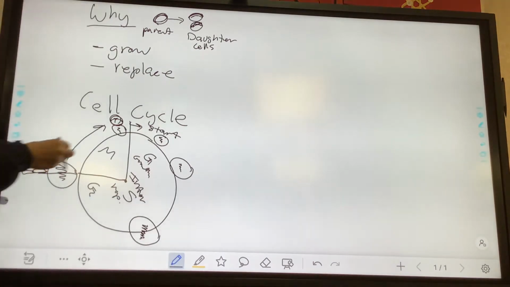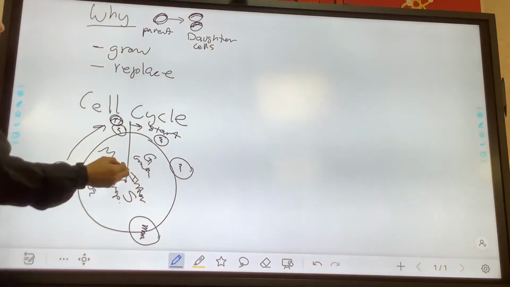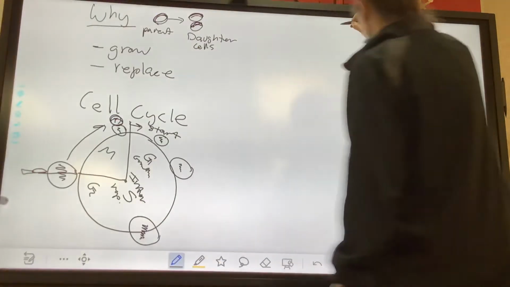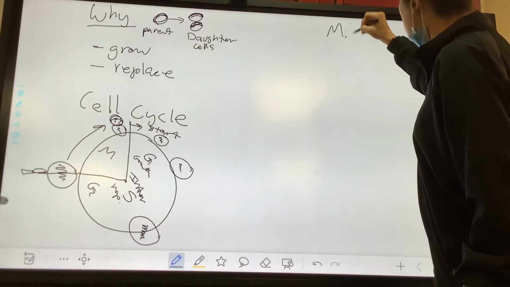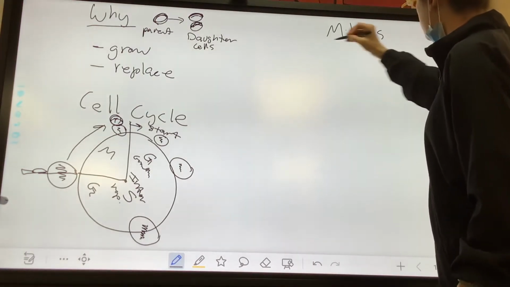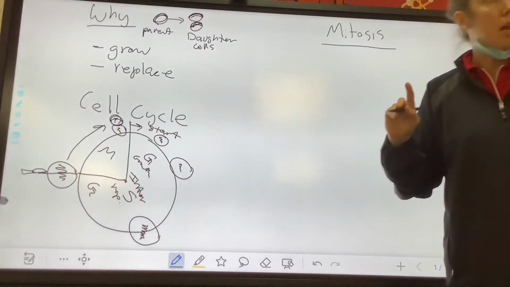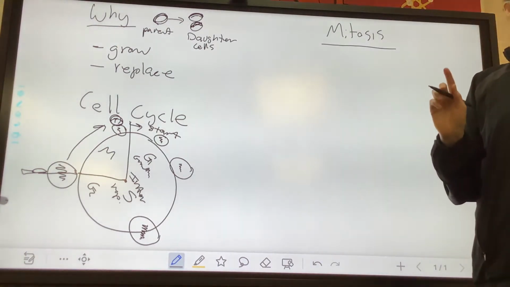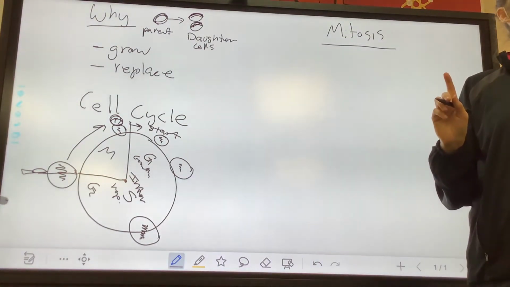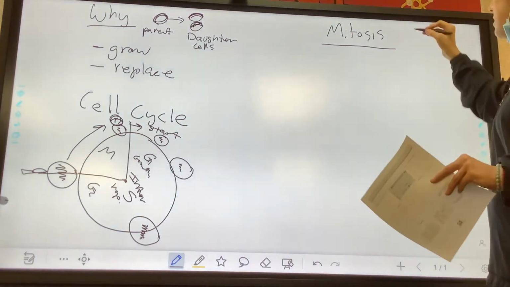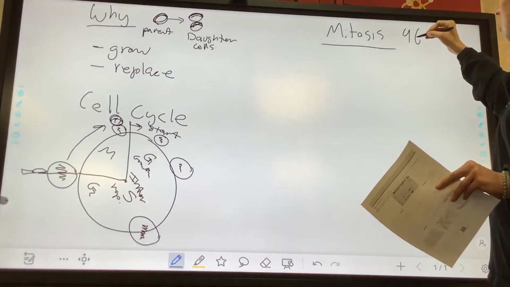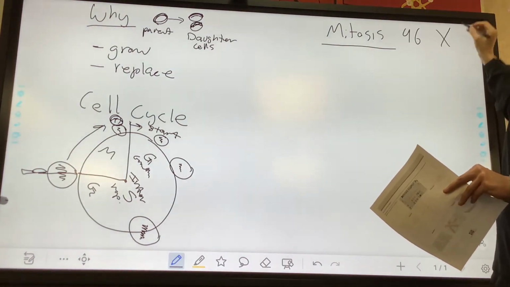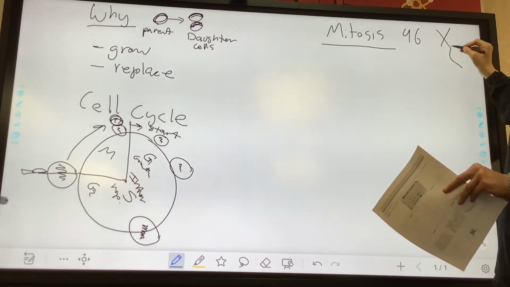Okay, now this is what we're going to look at, mitosis. Now, they talk a lot about humans. Now look up here, you may not know this. Okay, humans have 46 chromosomes. Chromosomes just look like X's, but guys, what they are?